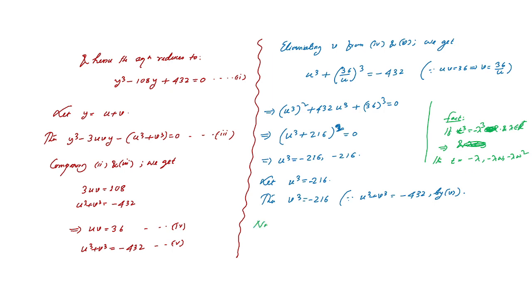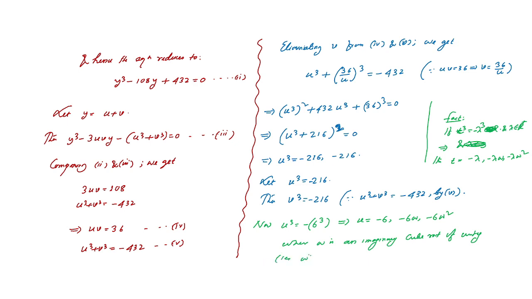So here u cube equals minus 6 cube. So from that case you can write u equals minus 6, minus 6 omega, minus 6 omega square. Where omega is an imaginary cube root of unity.